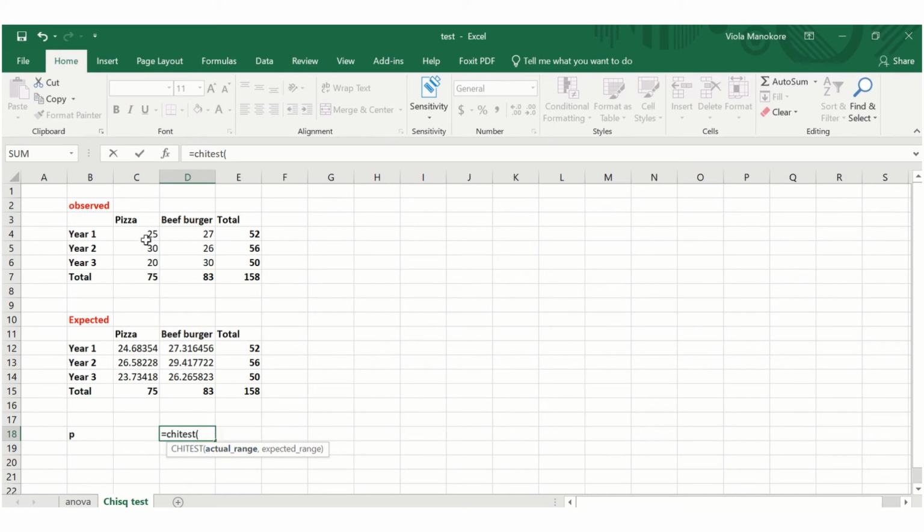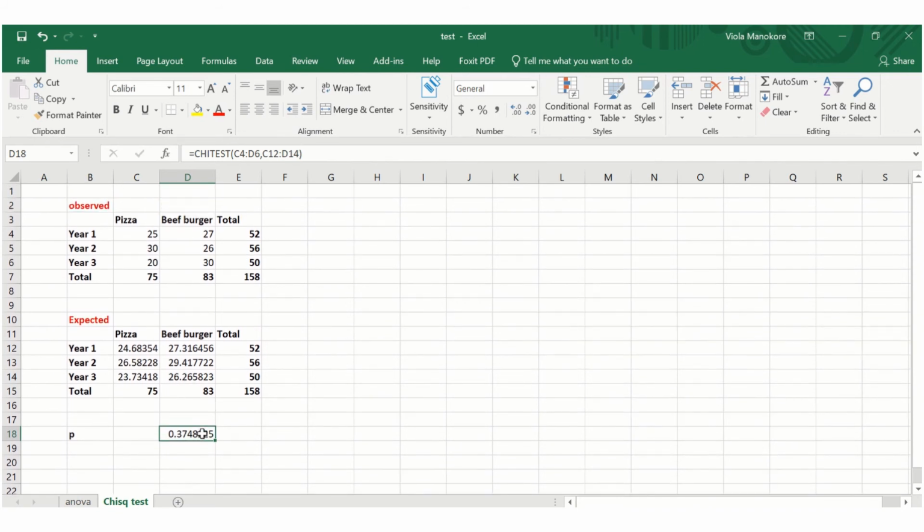The actual range, I just highlight these numbers, followed by a comma. Then I enter my expected values and put parentheses, then enter. So now this is my p-value.